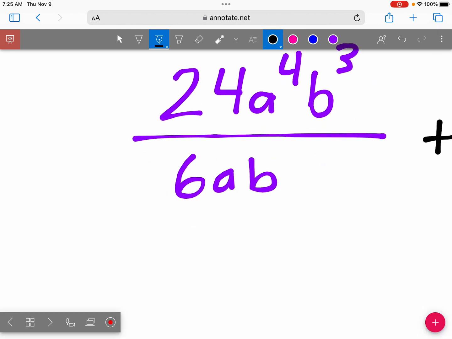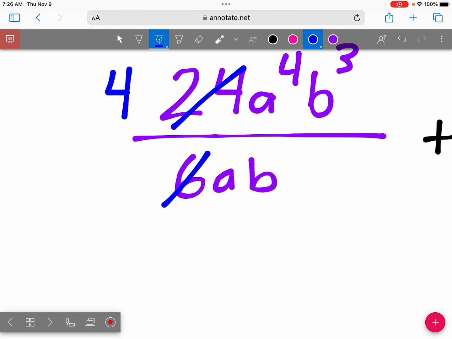When we simplify this, what can we do? Yeah, 24 can divide by 6. What is 24 divided by 6? 4. So my 6's cancel out and this becomes a 4.